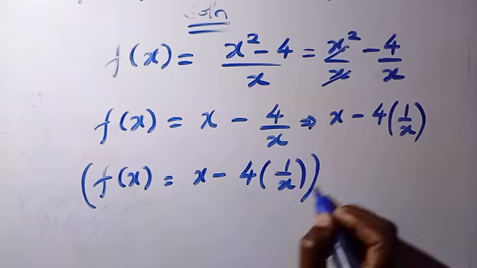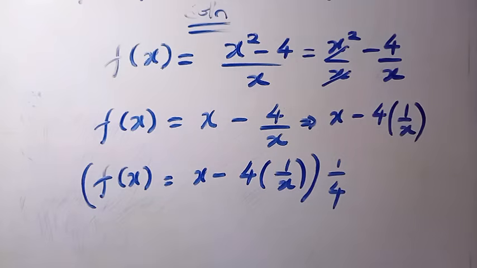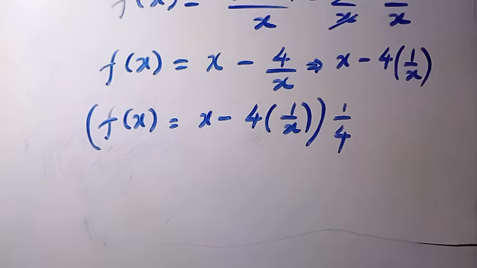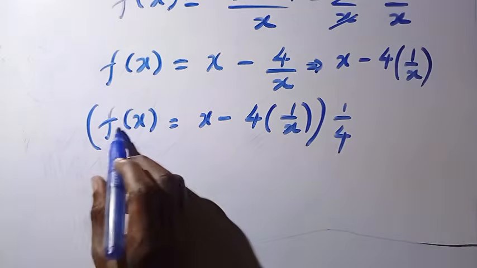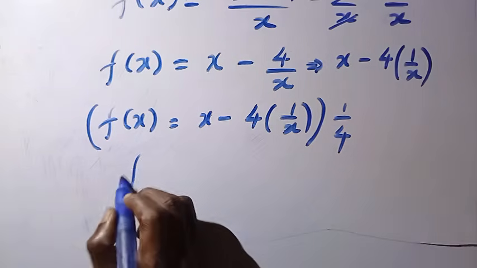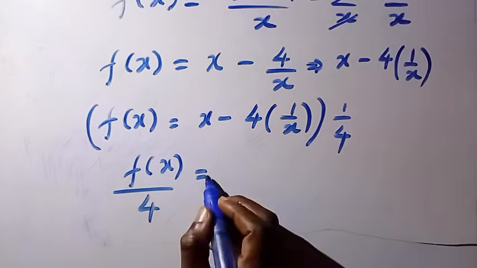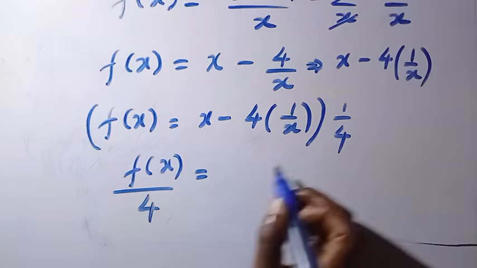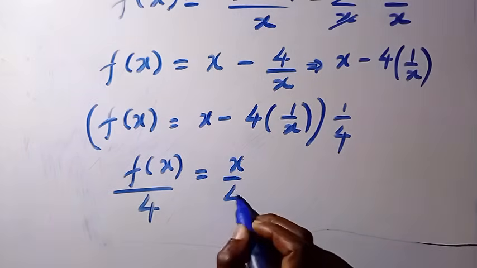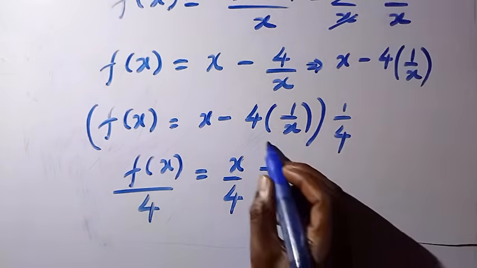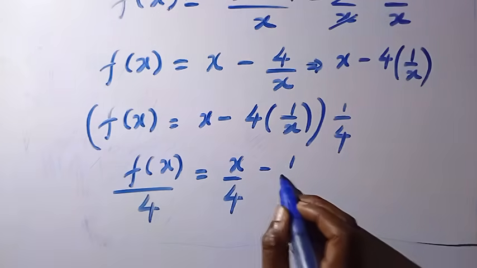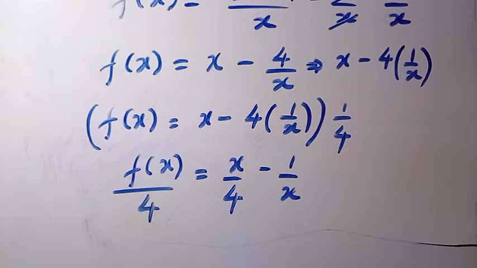Suppose I multiply both sides by 1 divided by 4. So we can see that f of x will multiply 1 over 4, and we have f of x over 4 equals x multiplied by 1 over 4, that is x over 4, minus 4 will cancel 4, and we have only 1 over x.